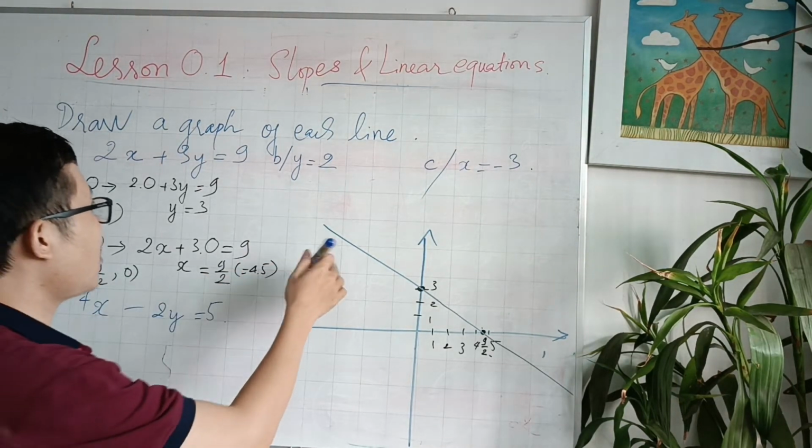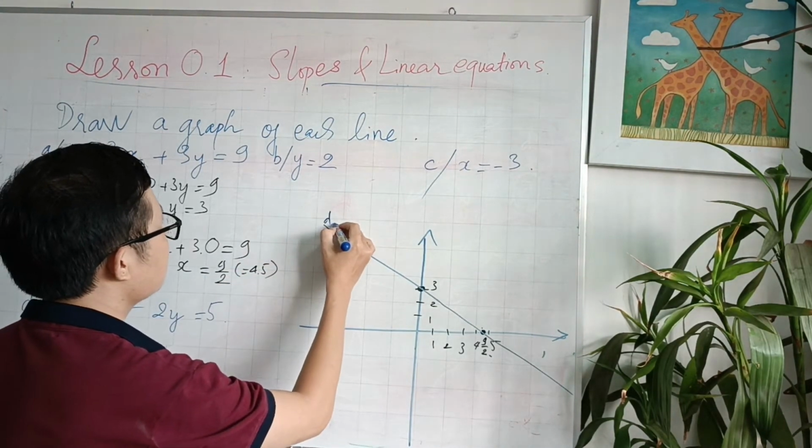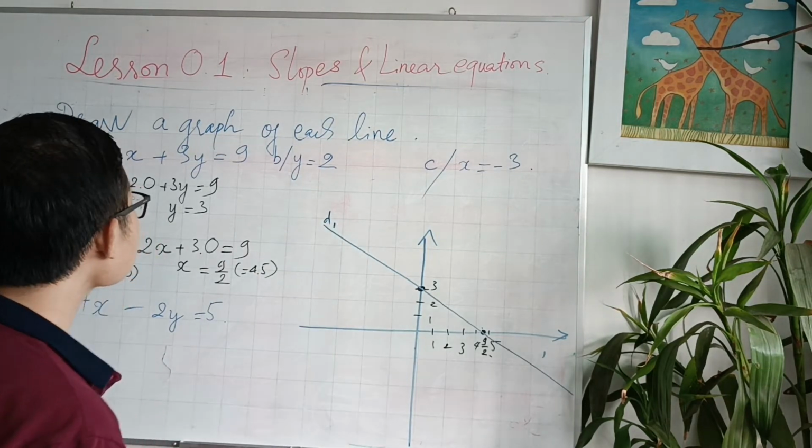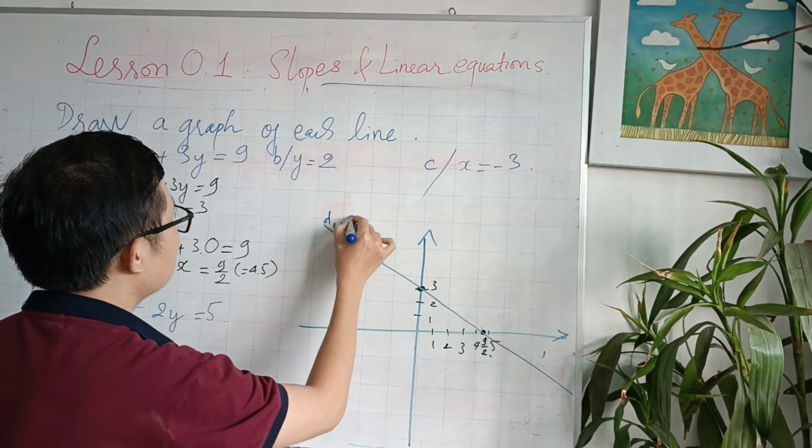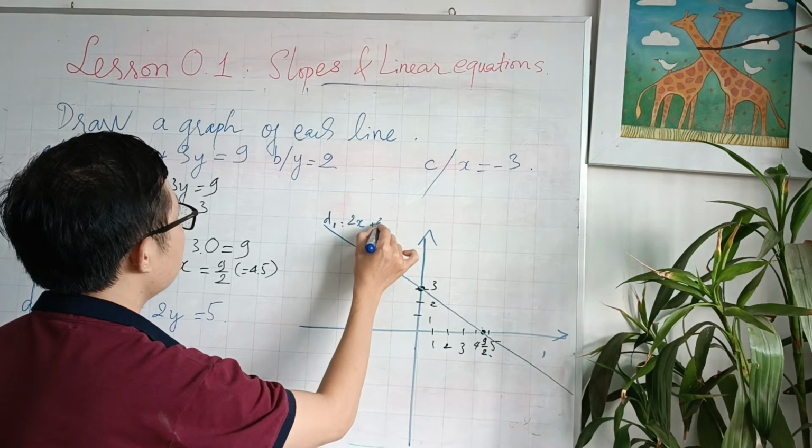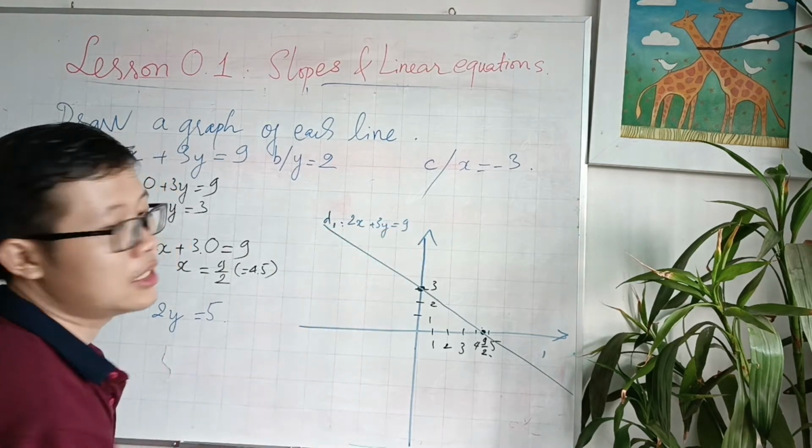It is the graph of line D1, the first question, 2x plus 3y equals 9.